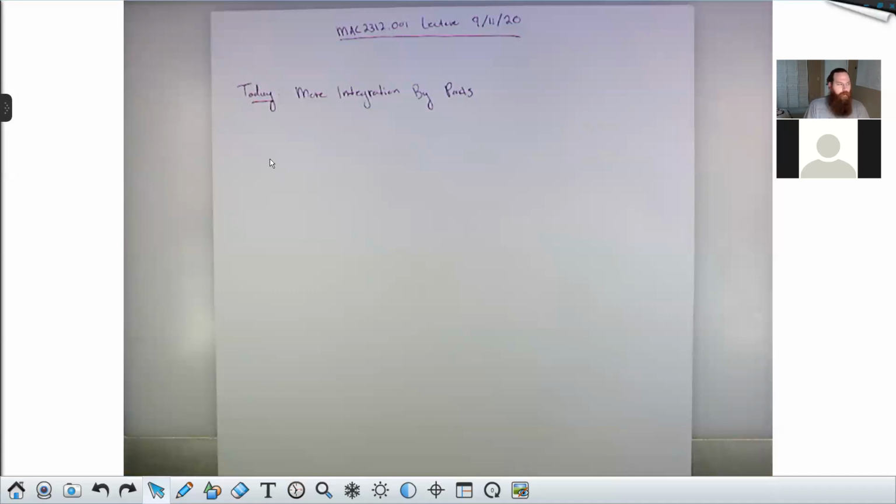It's not the hardest thing in the world. The types of integration by parts problems that we've already worked on, there's plenty of those in there for you to practice. But there is more to integration by parts than what we've seen. So today I'm going to show you some startling and cool tricks.